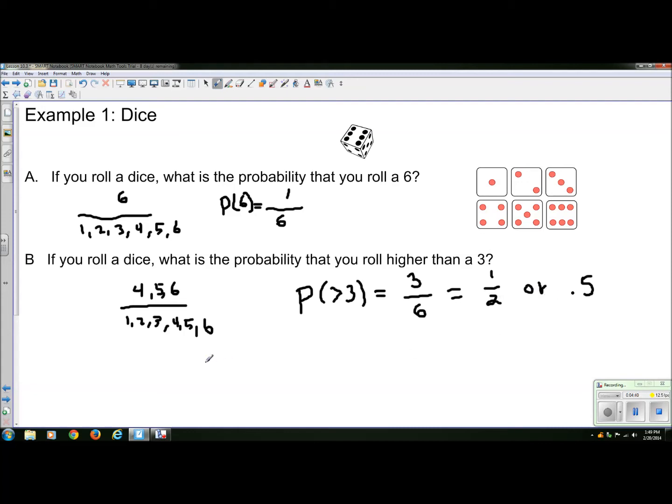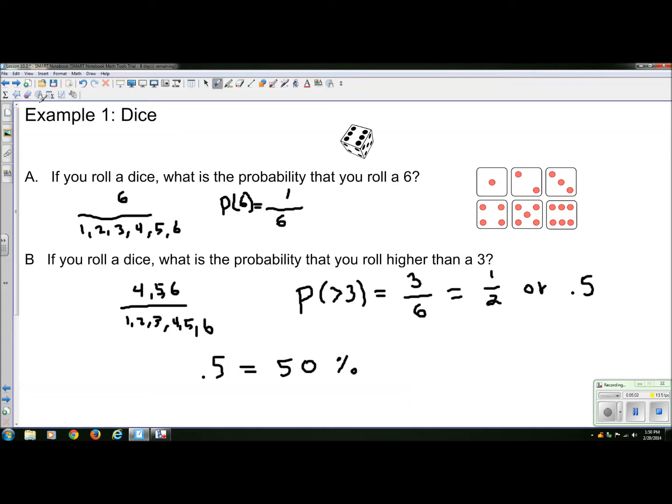Notice that 0.5, if you convert it to a percentage, is 50%, right? So when they say 50-50, what they mean is there's a 50% chance of rolling higher than a 3 and a 50% chance of rolling a 3 or lower. That would be a 50-50 chance.